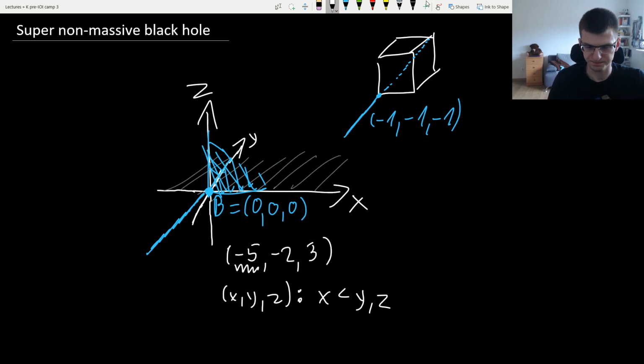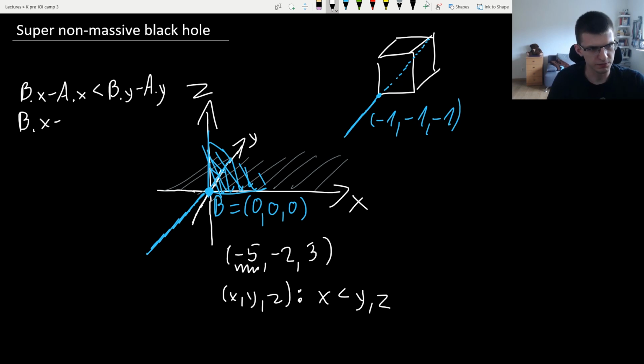In fact, what we care is that bx minus ax is smaller than by minus ay. This is the condition that says x coordinate is more important than y coordinate.